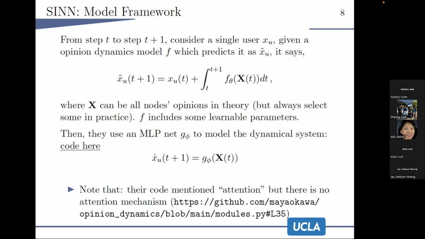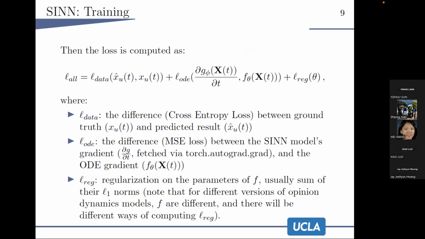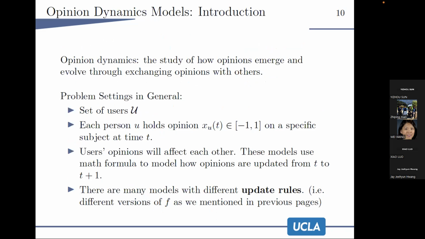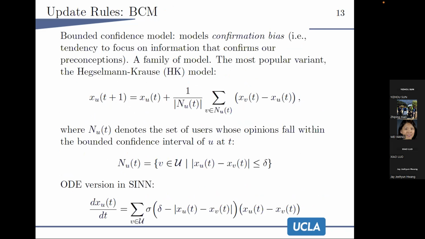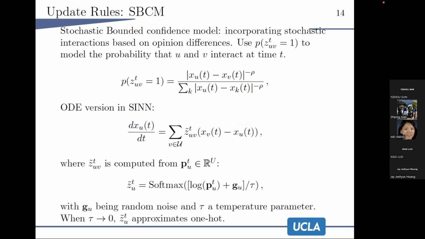They want these to agree with each other. So G has to be something that's learnable, and they use this kind of function to make it learnable.